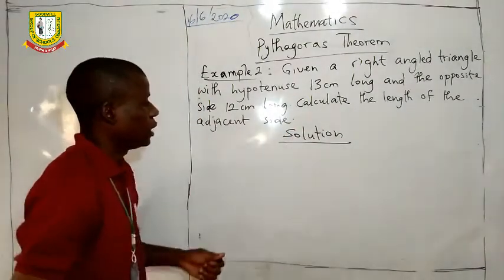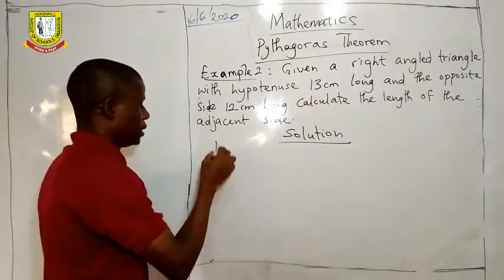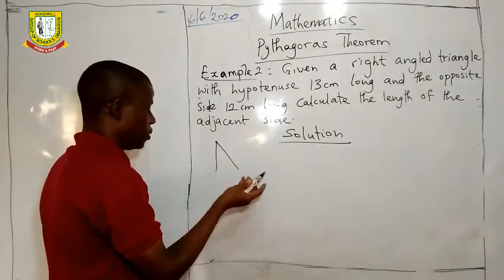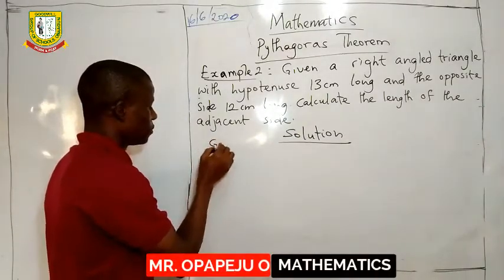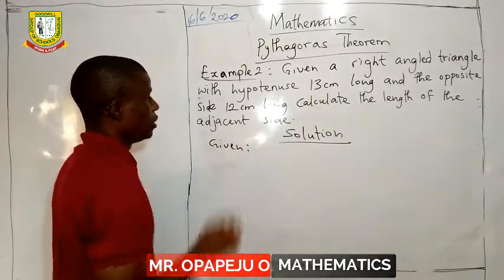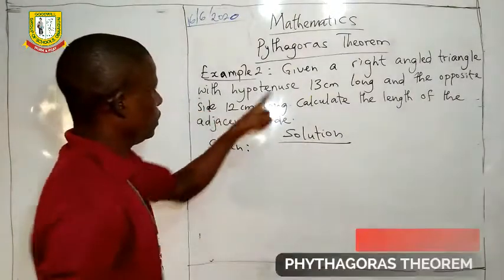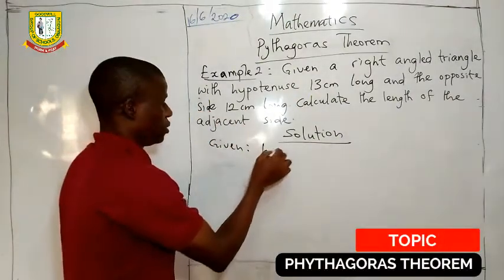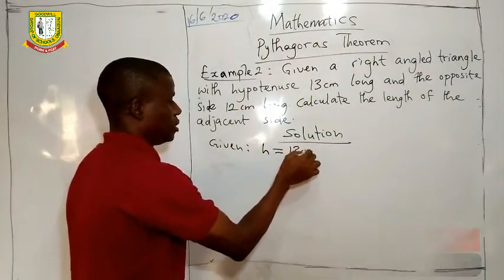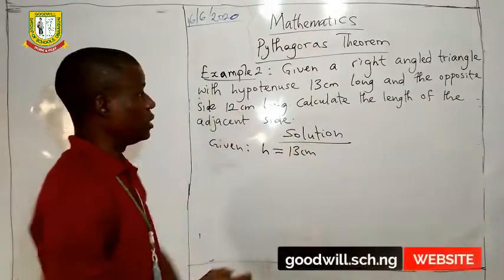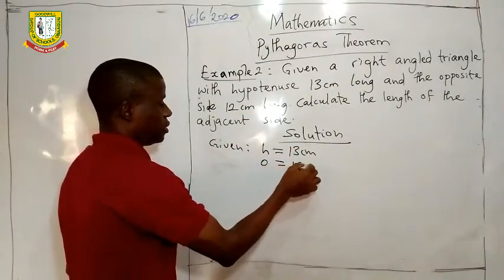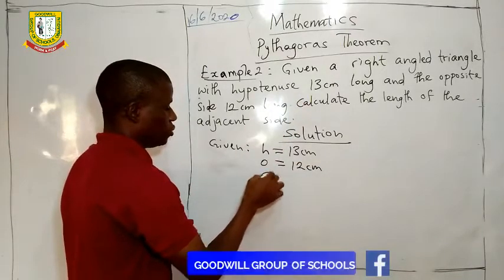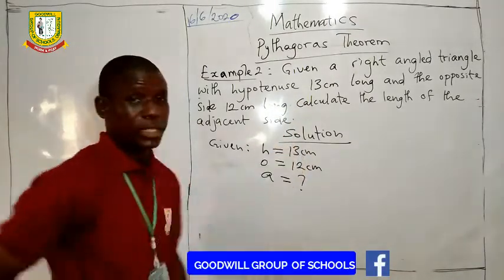Now, we have our right angled triangle there. We are given the hypotenuse is 13 centimeters, and the opposite side is 12 centimeters. We are asked to find the adjacent.